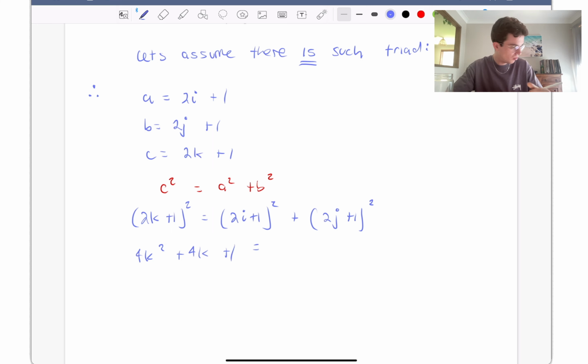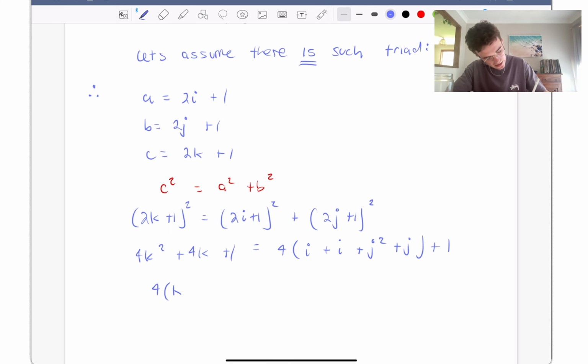And if we expand the right hand side and factorize, we're going to get 4i squared plus i plus j squared plus j plus 1. And we expand the left hand side, we're going to get 4k squared plus k.